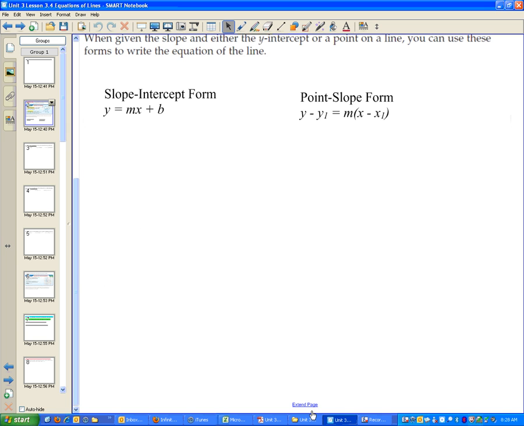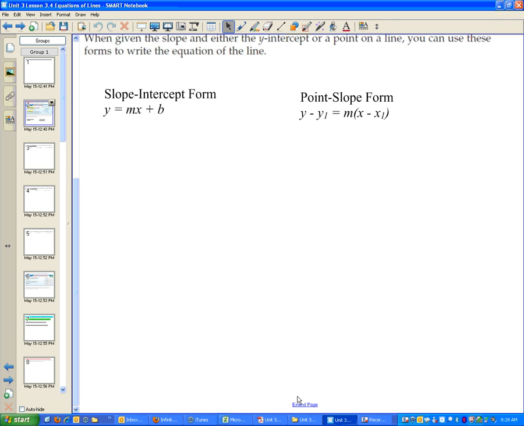notice that in either form, one bit of information we must have to write the equation of the line is the slope. We've got to know the slope, no matter what. Okay? So, sometimes the directions will say, write the equation in slope-intercept form. Sometimes they will say, write the equation in point-slope form.